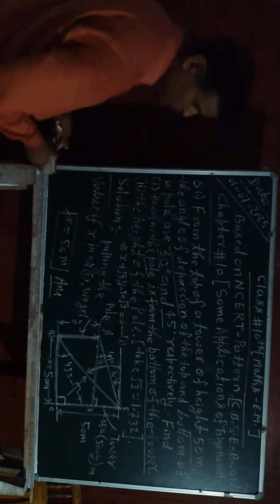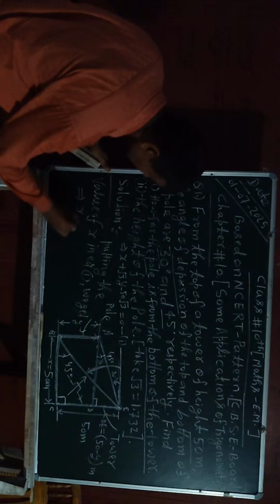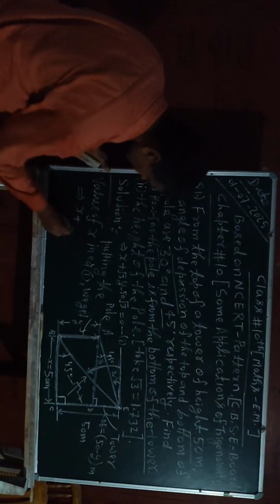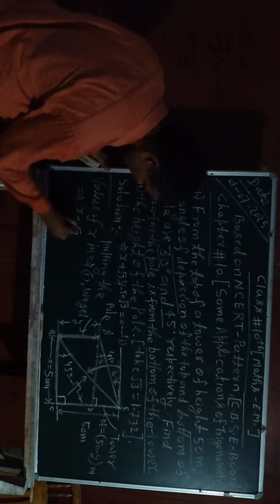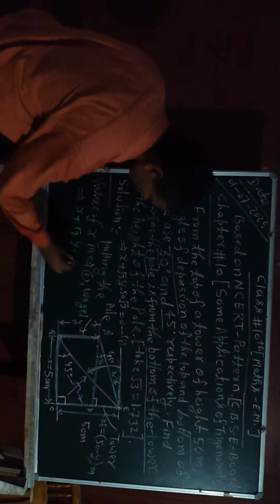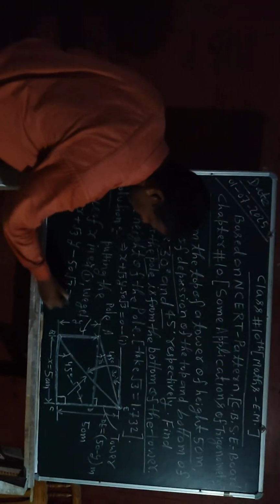Okay, now this value I have set here, so directly I will use it. So I will write here equation number 1. That equation number 1 is x plus root 3 y minus 50 root 3, which is equal to 0.